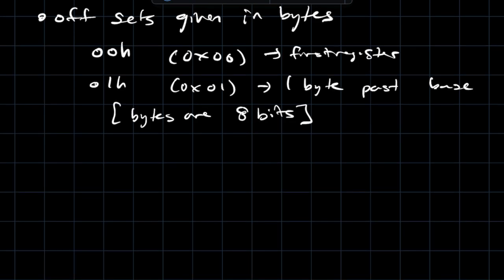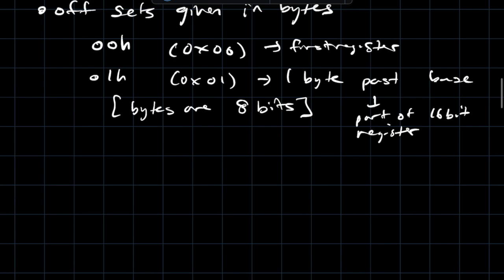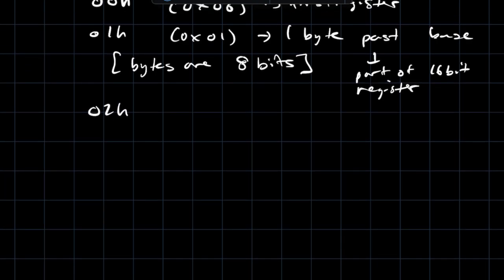So if I have a 16-bit register, then this would be part of a 16-bit register. If I went 02H, that would be, again, 0x02. That's 2 bytes past the base.